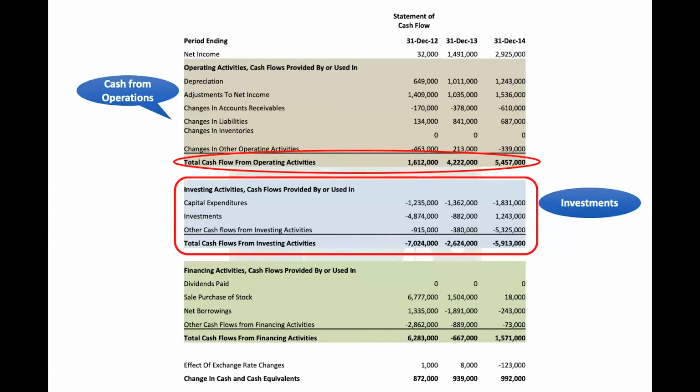Capital expenditures is where the corporation spends money to buy new plant, property, and equipment, and the money they spend to maintain that equipment. In most corporations, CapEx is negative because the corporation is spending money for those capital assets.